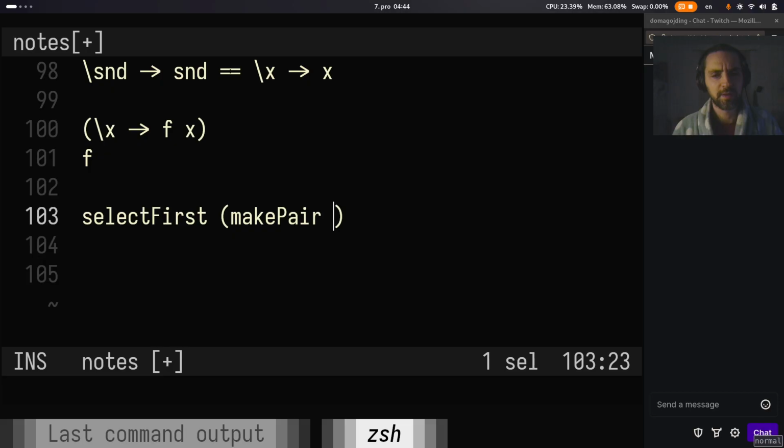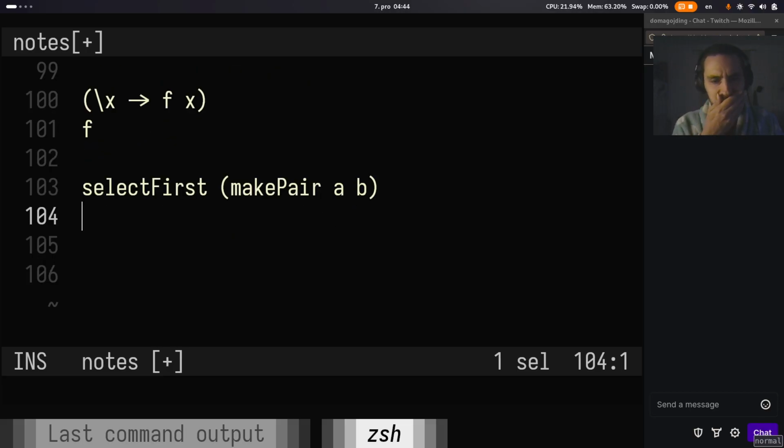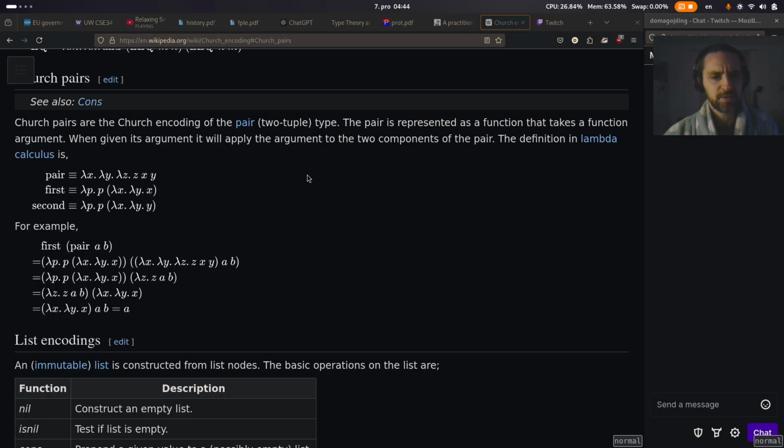Make pair A and B. Yeah, but why is it showing an example? Select first, make pair AB. How would you substitute? Yeah, I'm not sure actually how is it going on. Let's see here.